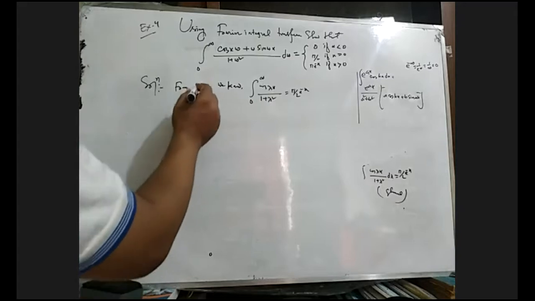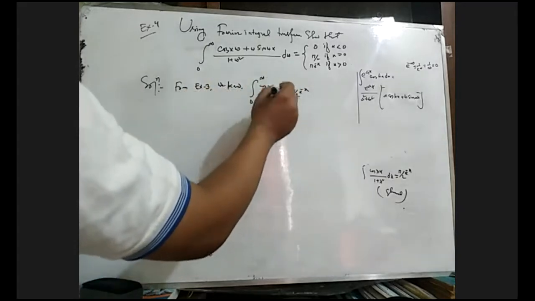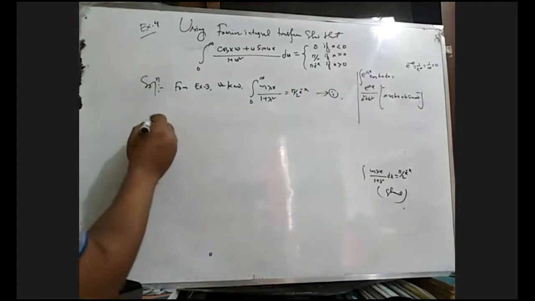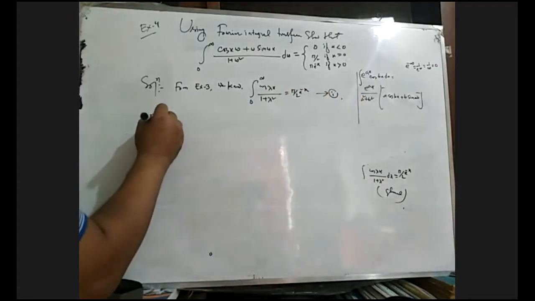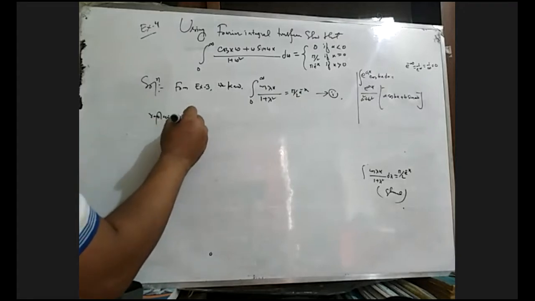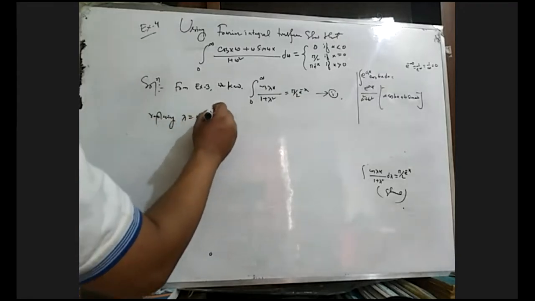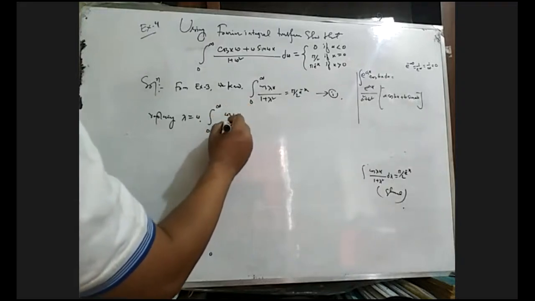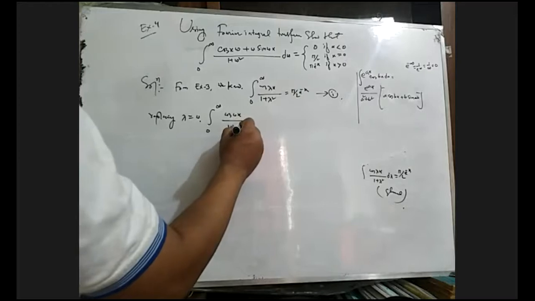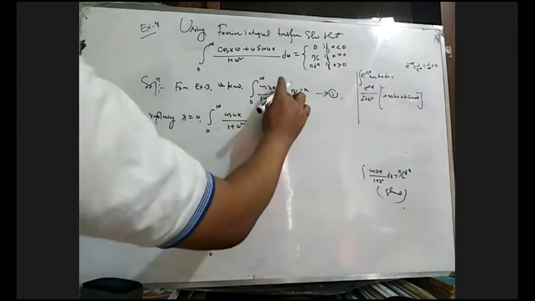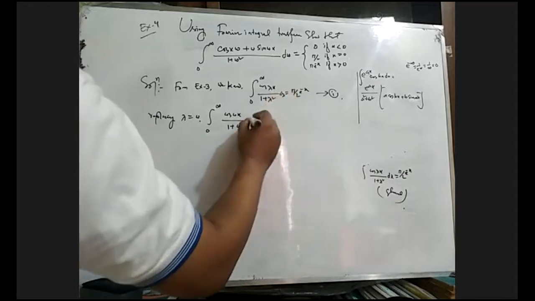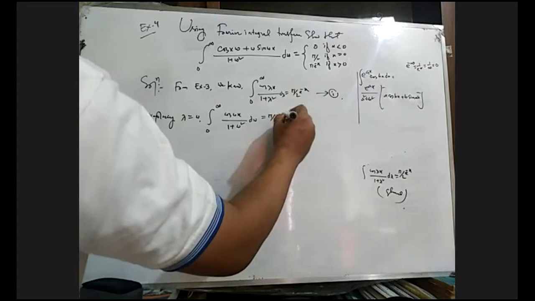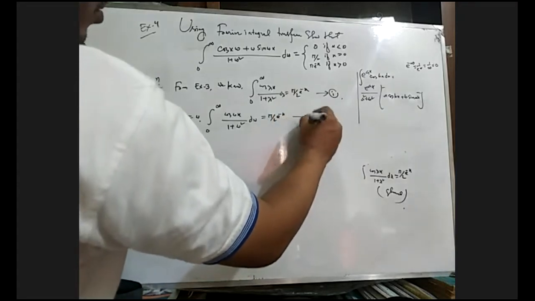So from example 3, we have proved this result. This is equation number 1. Now replacing lambda equals omega, we get the integral from 0 to infinity of cos omega x divided by 1 plus omega square d omega equals pi by 2 e to the power minus x. This is equation number 2.